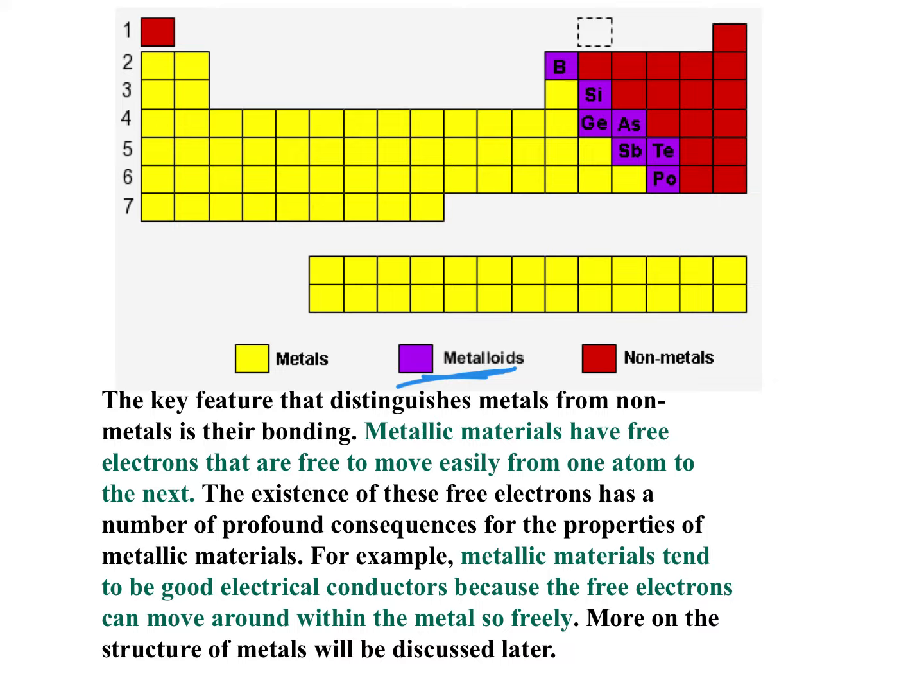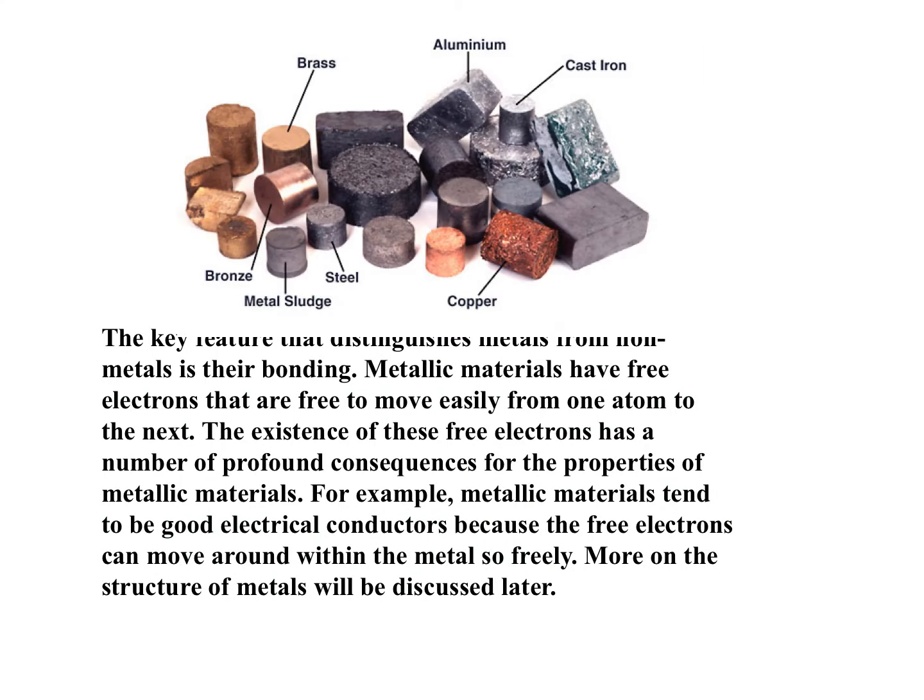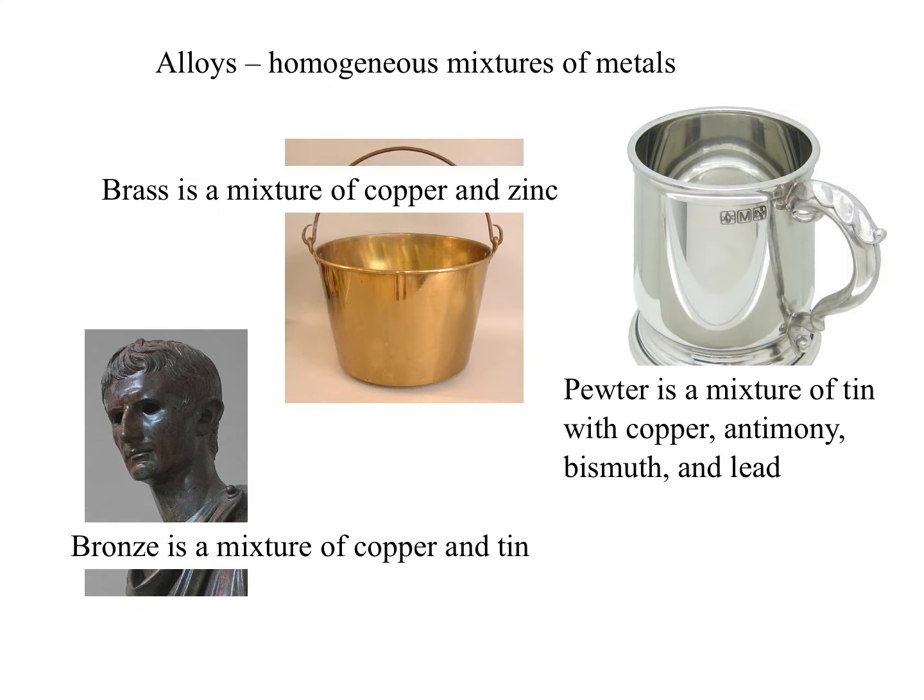Okay, but metals have properties. They have a luster. They conduct electricity. Okay, nonmetals tend to be what we use as insulators. They don't conduct electricity. And we'll talk more about metals and nonmetals later and their properties. Alloys, and I mentioned that because one of our words is an alloy.